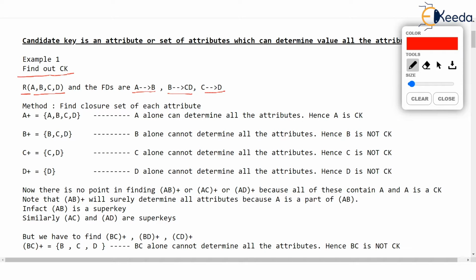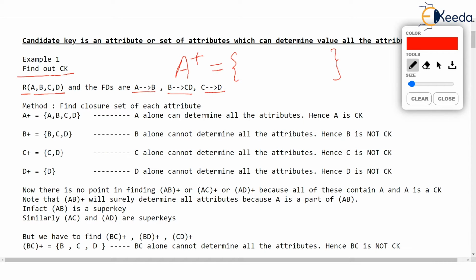Now, the procedure to do this is to find the closure set of the attributes. You find out the closure set of A, that is A plus. Now you recall, what do you mean by closure set? It is the set of all the attributes which A alone can determine.